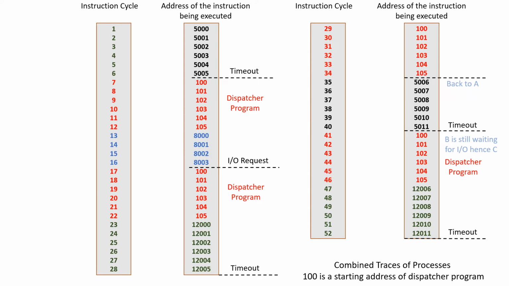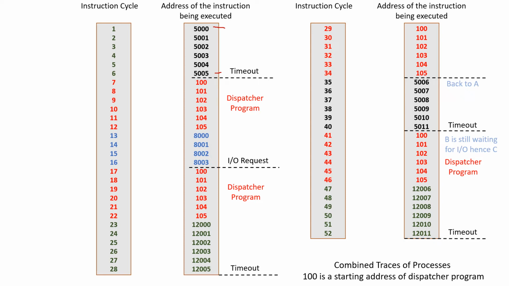We assume that the operating system allows a process to continue execution for a maximum of 6 instruction cycles, after which it is interrupted. This prevents any single process from monopolizing processor time. So here you can see that process A starts from 5000 and it will run till 5005.